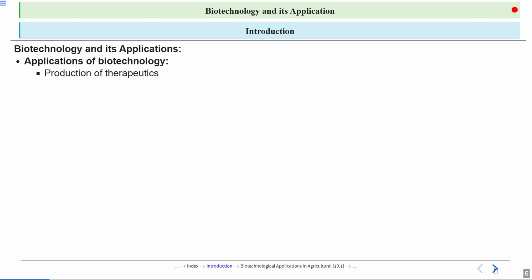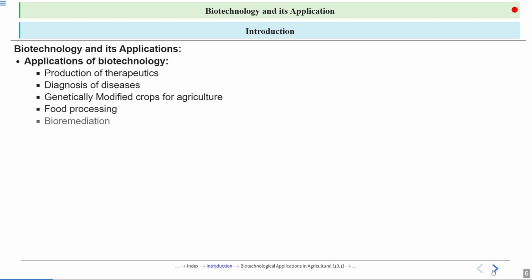Now, what are the applications of biotechnology? We can use it in the production of therapeutics, as I gave the example that E. coli is used in the production of insulin. Then it can be used for diagnosis of diseases. It can be used for genetically modified crops for agriculture, which we are going to study in today's class. Then food processing and bioremediation. So what actually is bioremediation?